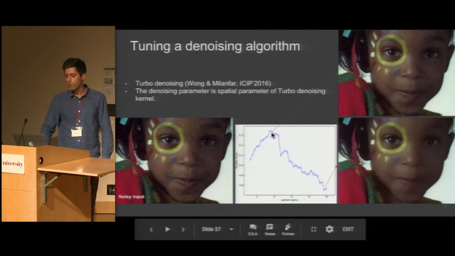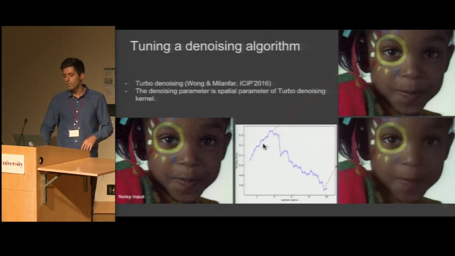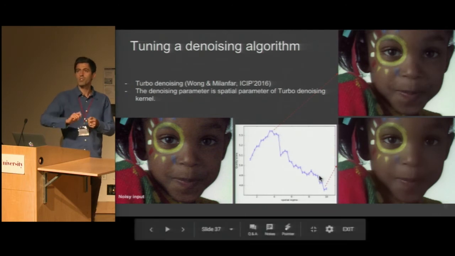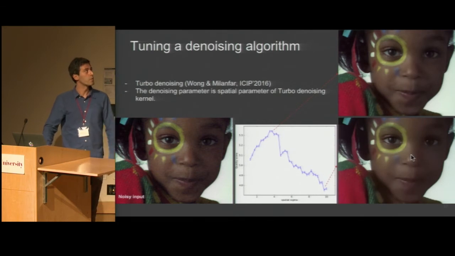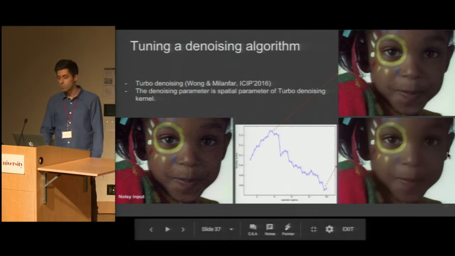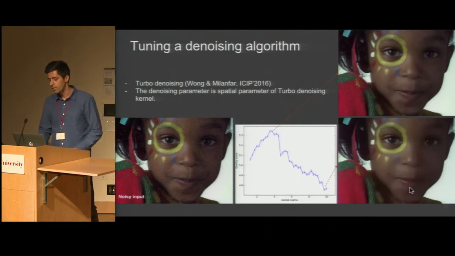You see that at some point the score is maximized, and then after that, as the image is more and more smooth, the score tends to drop. So this is the best image that we get from this operating point. And then this is if you simply go all the way and over-smooth the image. Of course, you're losing a lot of details, and the image doesn't look as sharp.